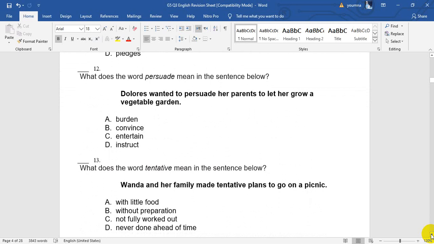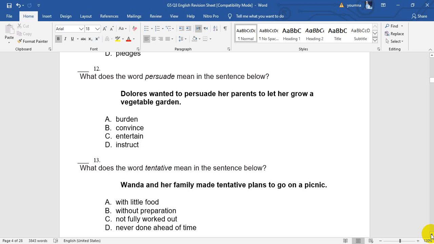Let's move to number 12. What does the word persuade mean in the sentence below? Dolores wanted to persuade her parents to let her grow a vegetable garden.